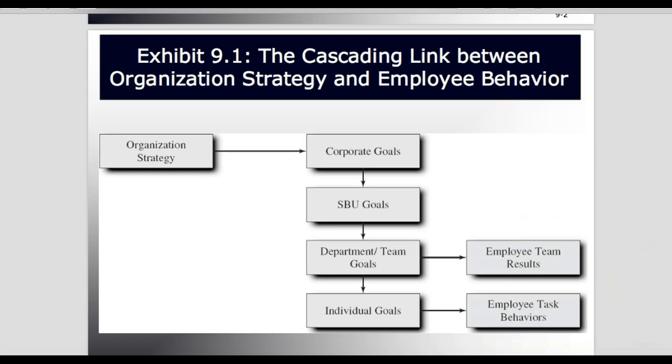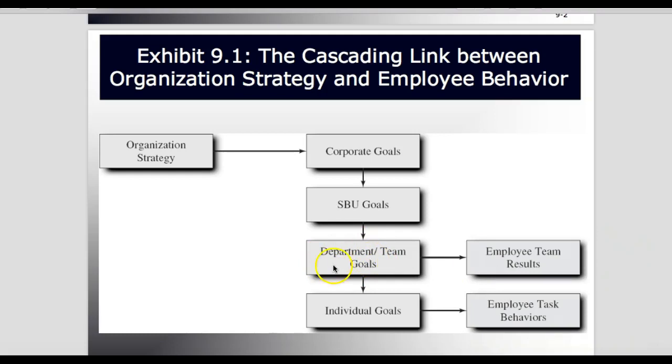And if the employee exhibits the behavior, the individual will meet individual goals and will be rewarded with some compensatory reward. Then when all the individuals, the team, work together and meet their goals, then the department or team succeeds.